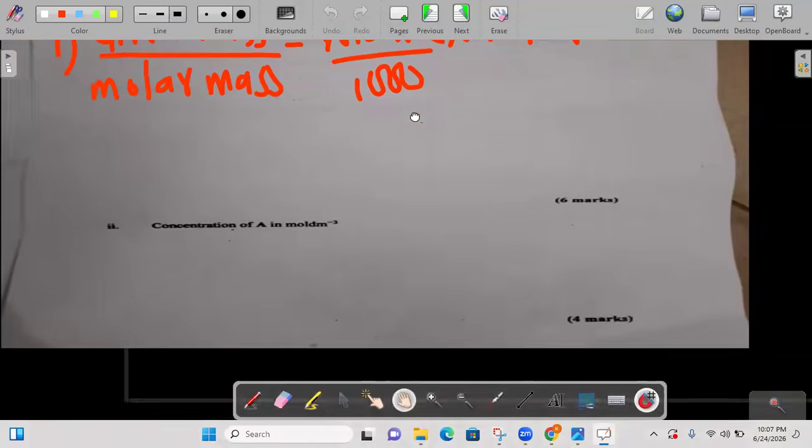I hope you are following up. Yes, sir. So let's go to question 1B, Roman figure 2: the concentration of A in mole per dm cube. Look at the data I have now. I have my VA as 25.20 cm cube. The CA I don't have, that's what I'm looking for.